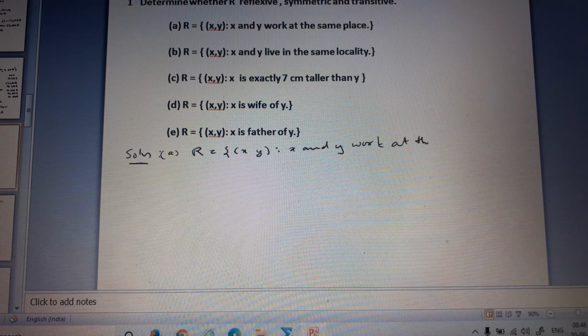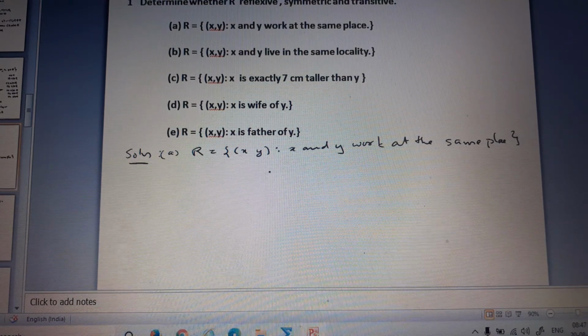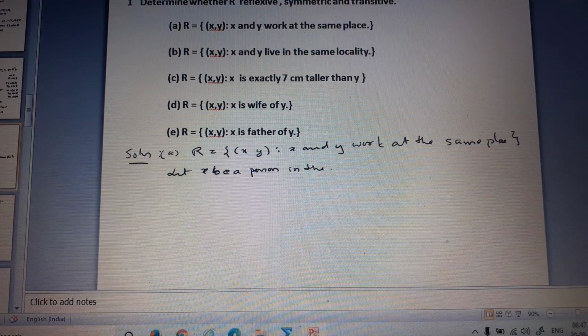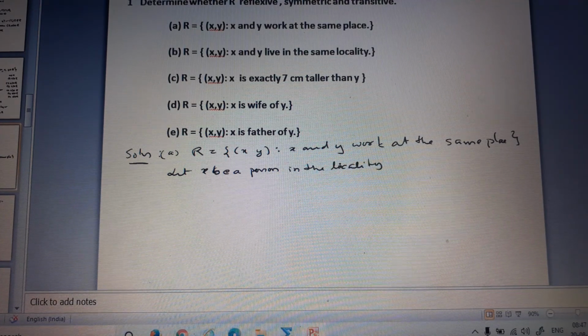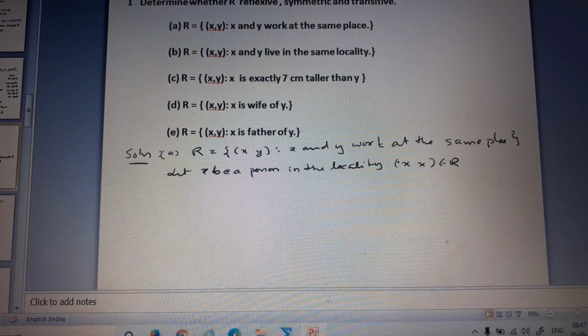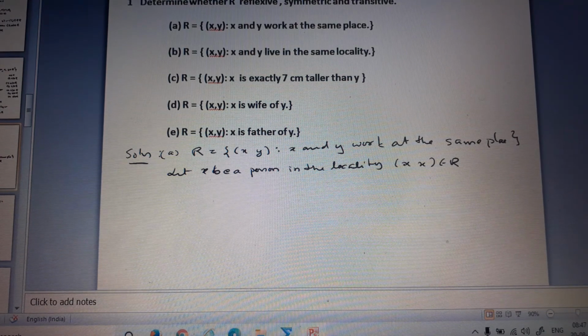Now let x be a person in the locality. Then you see (x, x) should be in R because x and x work at the same place. A person x works at the same place as x only. So this is an obvious case. This implies R is reflexive.